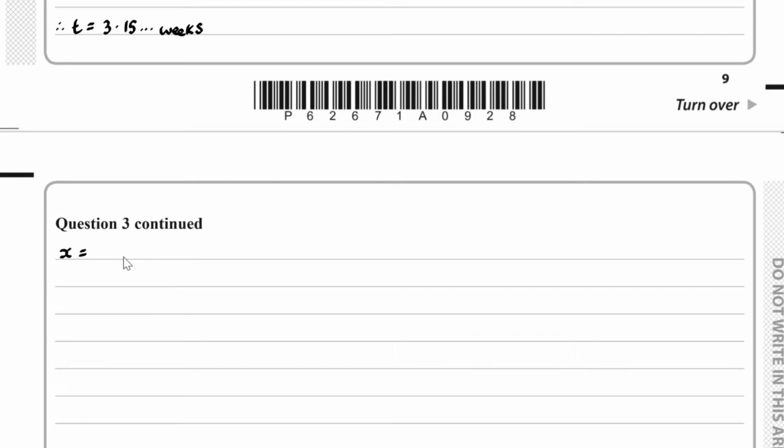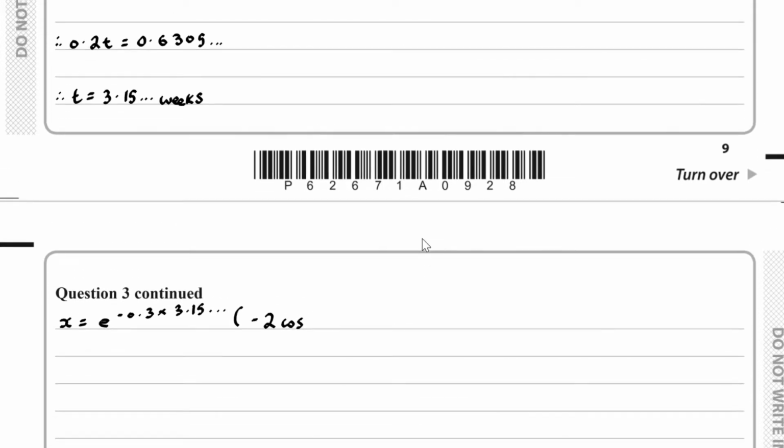So if we do that, we've got x equals e to the power of minus 0.3 times by 3.15, etc. multiplied by minus 2 times by the cosine of the 0.6305, etc. plus 47 times by the sine of 0.6305, etc. and then we've got this extra 2.